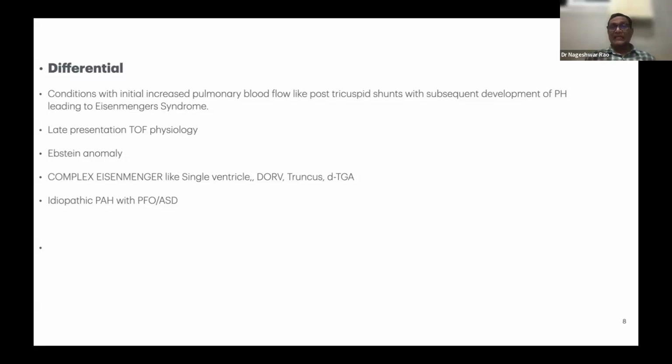Whereas second, truncus, why did you choose truncus? Whenever truncus has a desaturation, that's a very dangerous truncus. Those patients are not operable. Truncus is a high flow situation. The Qp is more than 2:1 always, unless there is a peripheral pulmonary stenosis, so the truncus saturations will be almost always more than 85%.